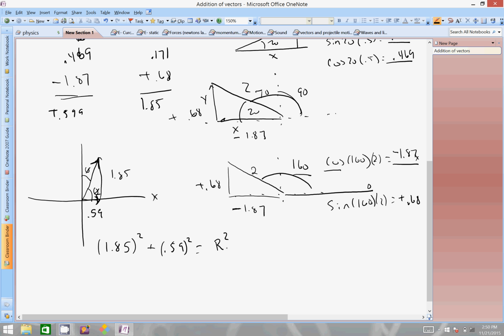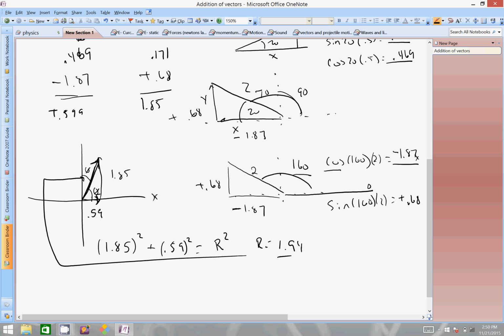Now square root that value, and I get r equals 1.94. So that's the length of this guy right here.